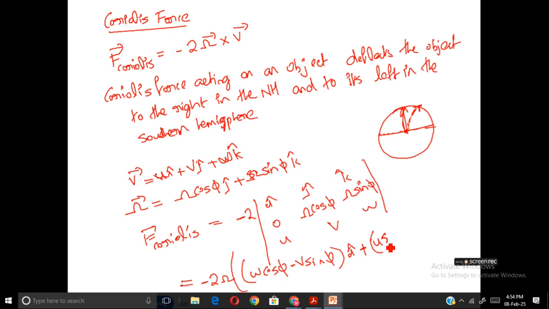It will be u sin phi in the j direction, minus, along the k direction it will be u omega cos phi, u cos phi into k. Minus 2 omega is outside.